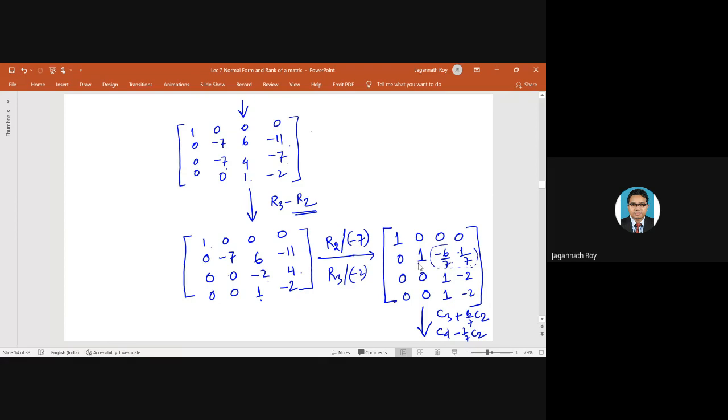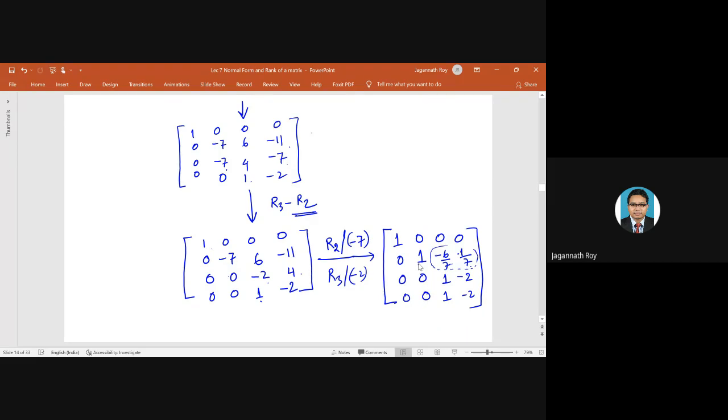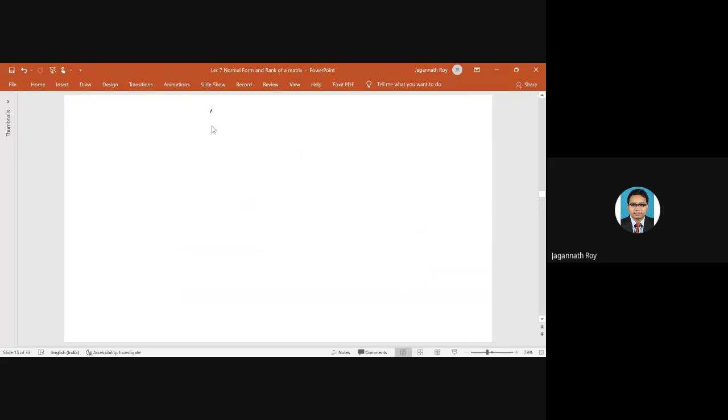So if you do this, let us write C3 minus 6 by 7 into C2, and then C4 minus 1 by 7 into C2. So this will become, that is 11 by 7.